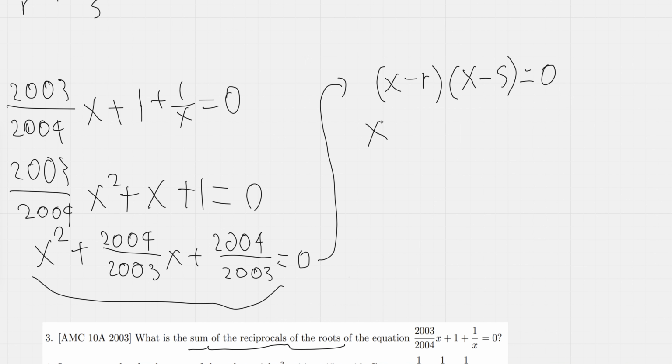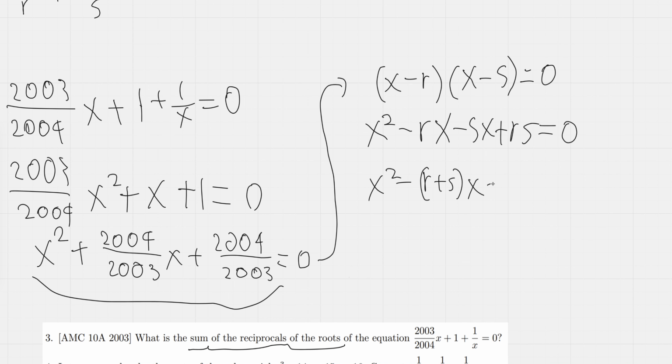And if we decide to expand this, you get x squared minus rx minus sx plus rs is equal to 0. So we're given x squared minus (r plus s) times x plus rs equals 0.